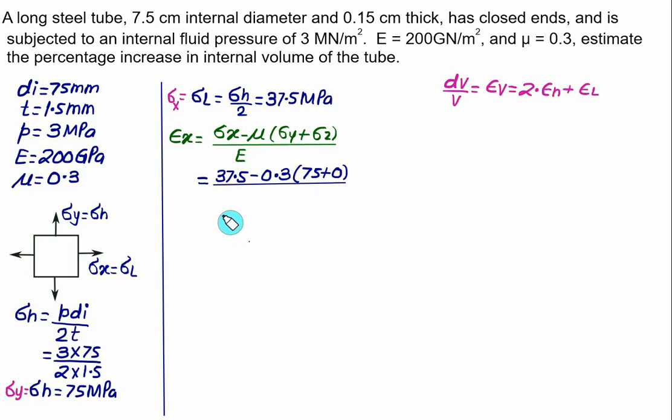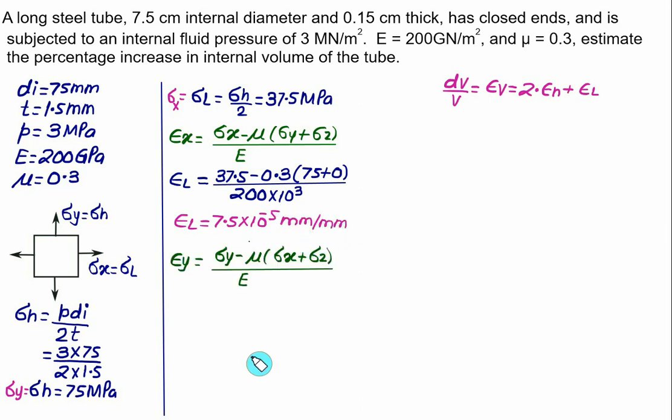And epsilon x is the same as the strain along the longitudinal direction, that is epsilon L. Young's modulus we take as 200 gigapascal, that is 200 into 10 to the power 3 megapascal. So the strain along the longitudinal axis, epsilon L, comes out to be 7.5 into 10 to the power minus 5. We can write the unit as mm per mm.